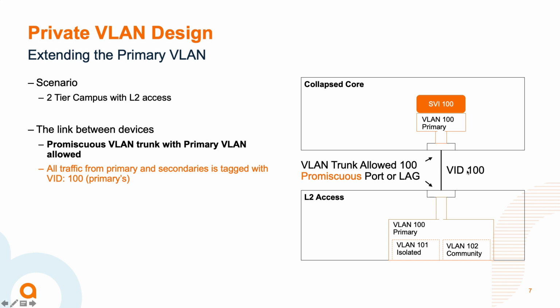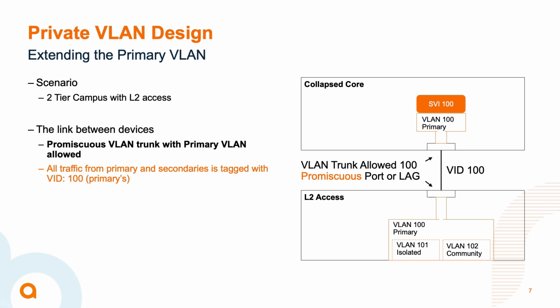So in this case, the only thing that we do is we take this link between the two devices and we define this as a promiscuous port for VLAN 100. So it is a promiscuous port, and it will be connecting to the top switch.